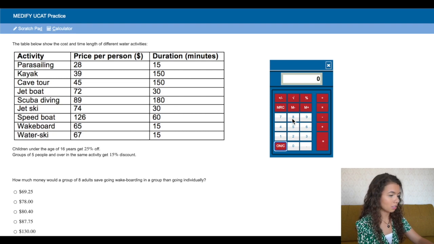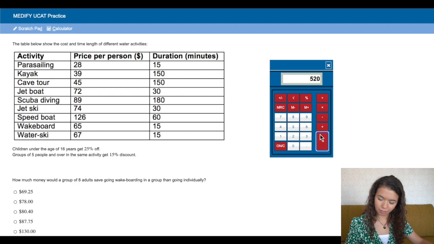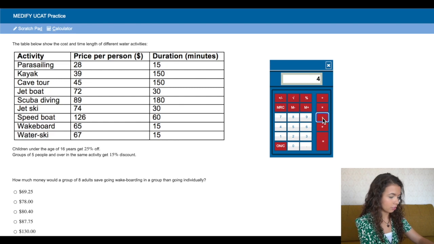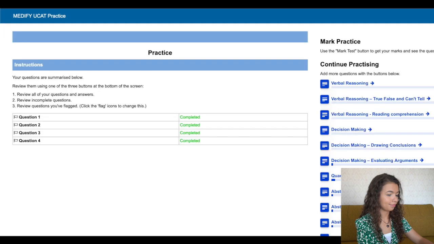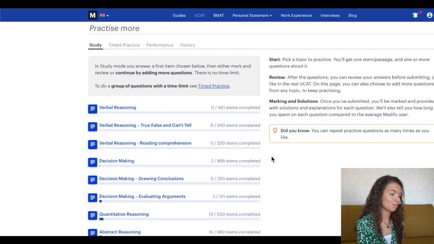We want to compare that to going individually, which was 520. So take the value of 442, and that's a $78 difference. Quickly mark the test, and we've got them all correct again.